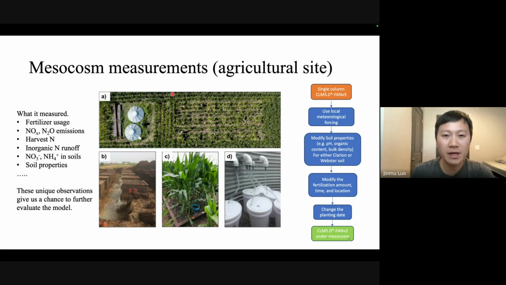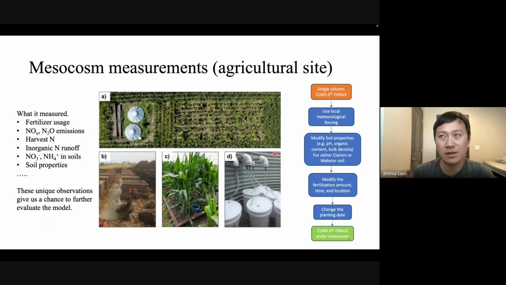Our co-author, Stephen J. Hall from the University of Wisconsin, provided us with local-site mesocosm measurements. These measurements let us investigate nitrogen dynamics under different fertilization experiments. Among the many observations provided, the most important one is the leaching.